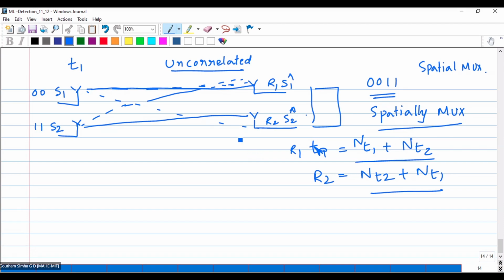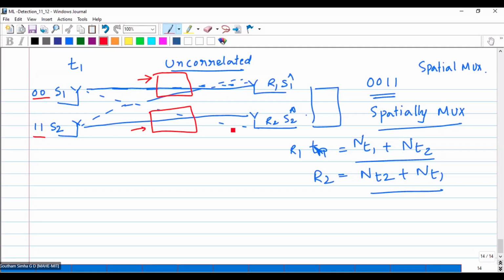Now, carefully observe here. Instead of transmitting the same piece of information, I have transmitted two different pieces of information so that I can multiplex and transmit. If this goes into a deep fade, gone, nothing can be done.